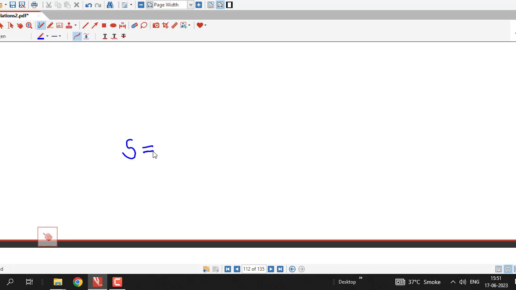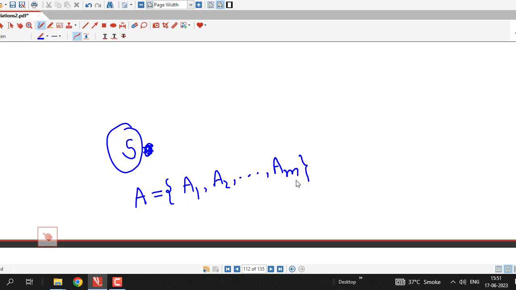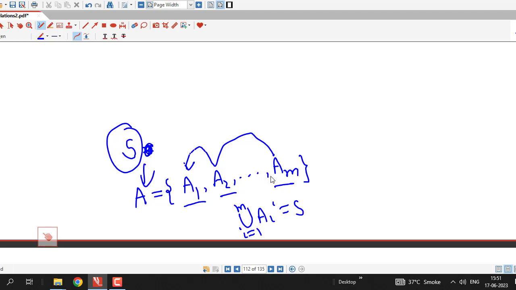Suppose I have some set S and I am interested in a covering of this set S. Then a covering of a set S is a collection of subsets of S, say A1, A2, up to Am, such that the union of all these subsets of S is equal to S. And for a partition we require one more condition, and that condition is that all the members of this collection are mutually disjoint. So every partition is a covering.